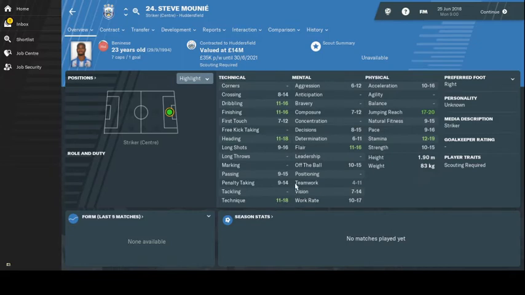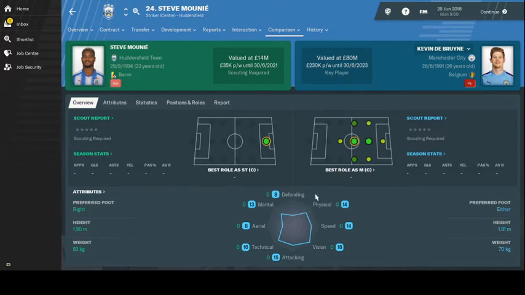From what we can observe, compared to De Bruyne's stats, we can see the difference in quality of these two players is really big. This one is really average, and Kevin De Bruyne on the right is a high quality footballer.